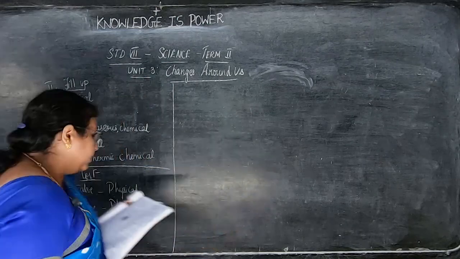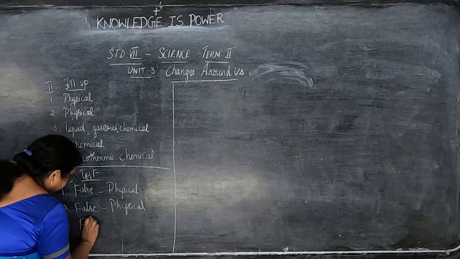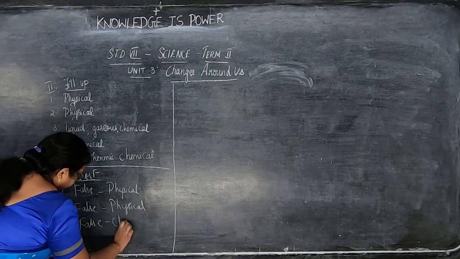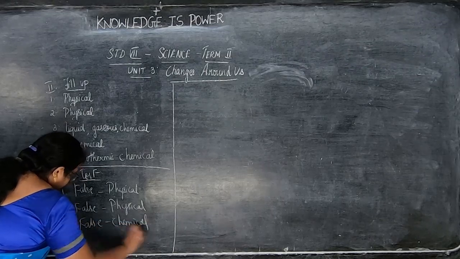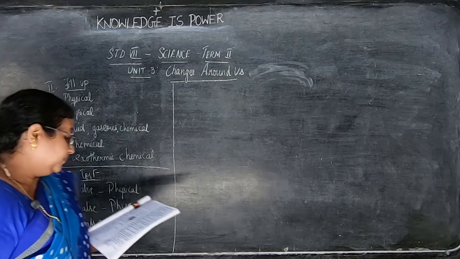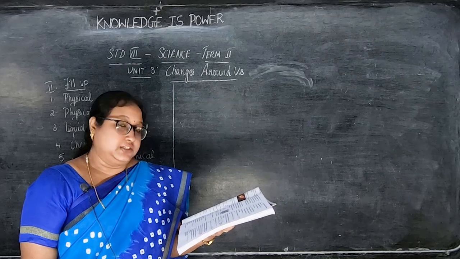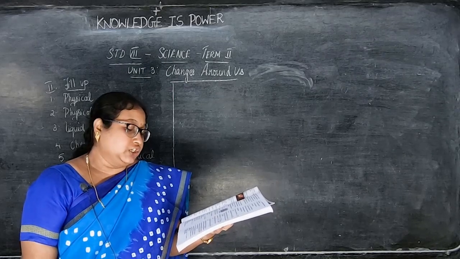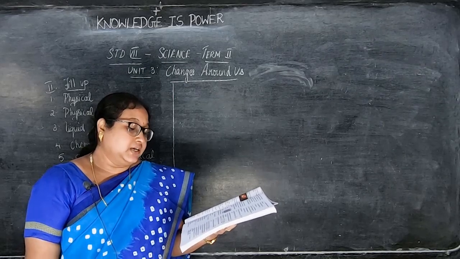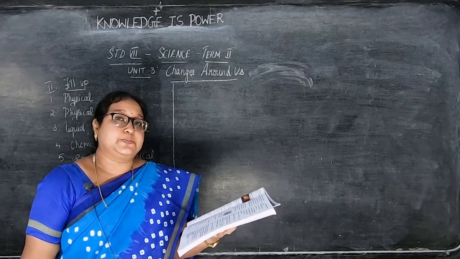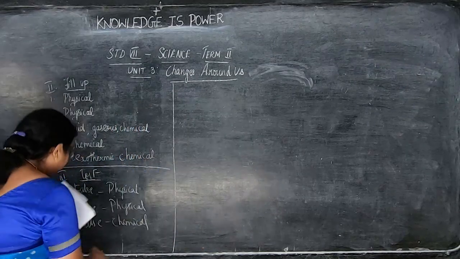So instead of physical, you will write chemical. You will write chemical change instead of physical. And 4. If the chemical properties of a substance remain unchanged and the appearance or shape of a substance changes, it is called a periodic change. This periodic will turn into physical.